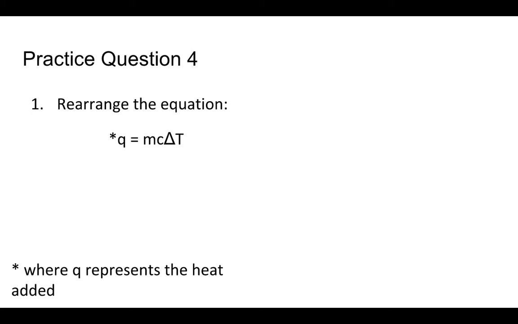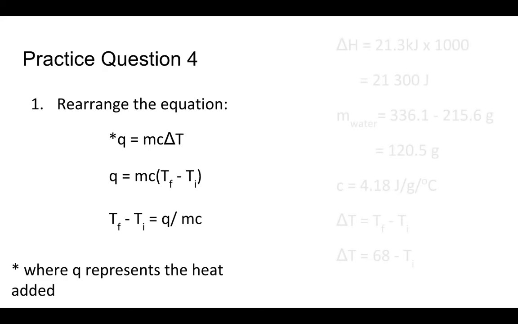We want the temperature final minus the temperature initial in the equation because we're trying to ascertain the initial temperature. If we rearrange the equation, we want to make the temperature the subject, so TF minus TI is equal to Q over mc.